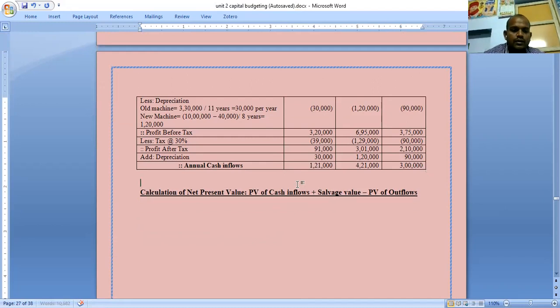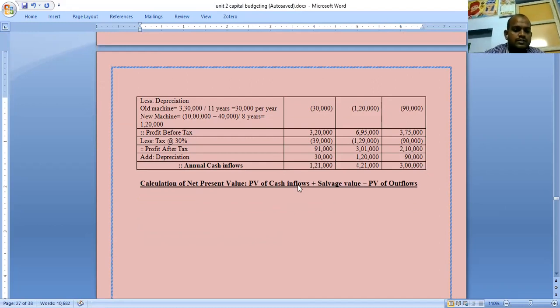So the final step is calculation of net present value: PV of inflows minus PV of outflows. PV of inflows includes salvage value. So incremental cash flows from 1 to 8 years, that is 3 lakhs per annum.